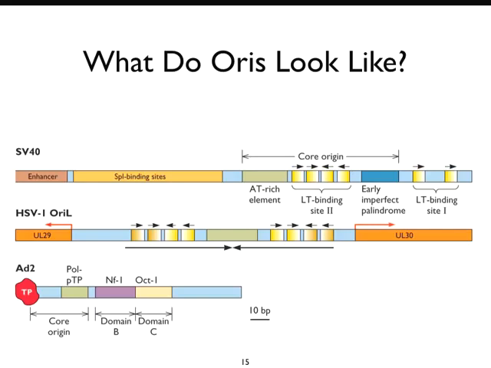It has this AT-rich sequence here and another one here. And what you see is something called LT binding site 1 and binding site 2. LT stands for large T antigen. It's the immediate early gene product of this virus. It's the only protein, for all intents and purposes, that's made right after infection and entry into the nucleus.